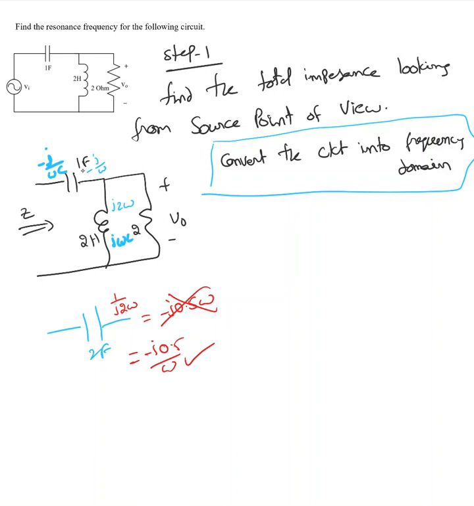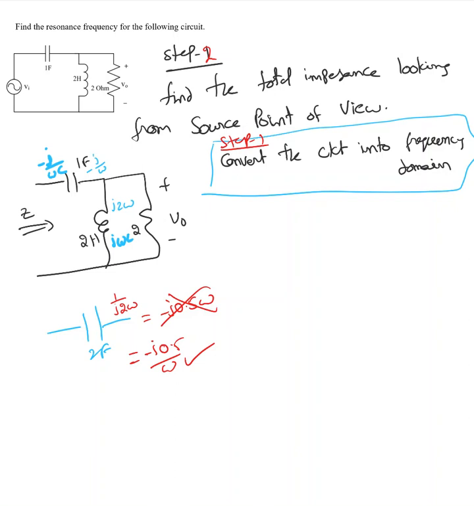Here I have 1 farad, so minus j over omega, and j omega L, which is j2 omega. Step 1 is convert the circuit into the frequency domain. Step 2 is find the total impedance looking from the source point of view.